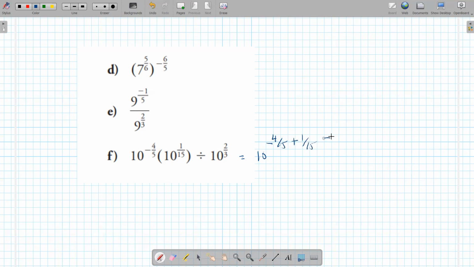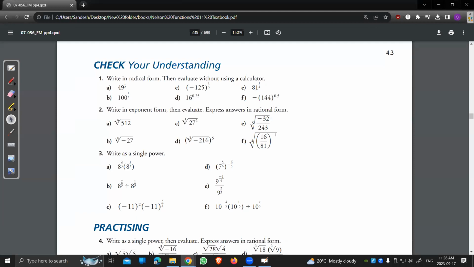If you're confident, you can even do it in the same step: -4 divided by 5 plus 1 divided by 15 minus 2 divided by 3. It's -7 over 5. Then you throw this in the denominator because the question said express as one single exponent. And that'll be the answer to this question. Pretty straightforward.